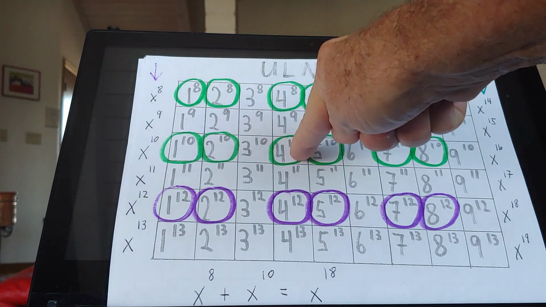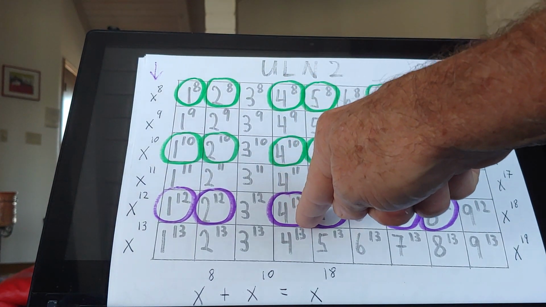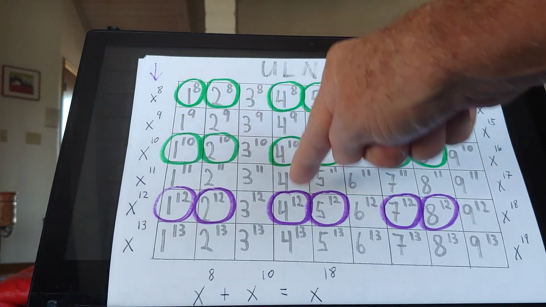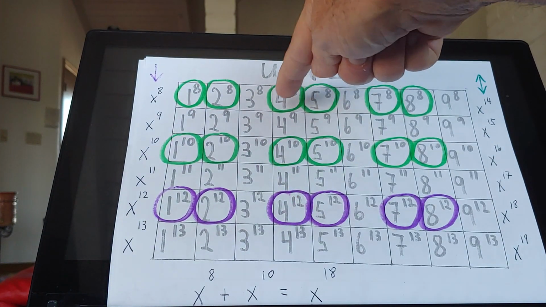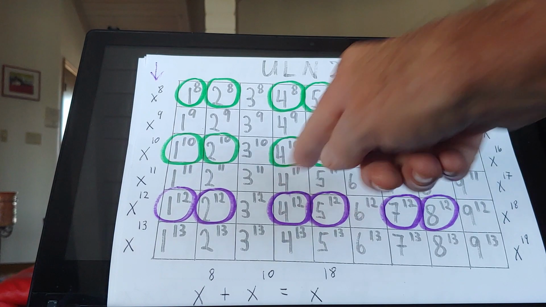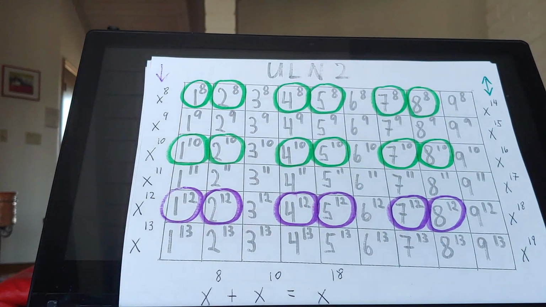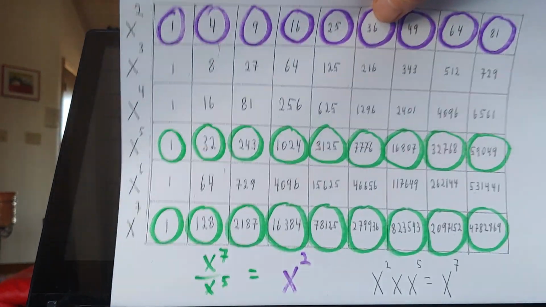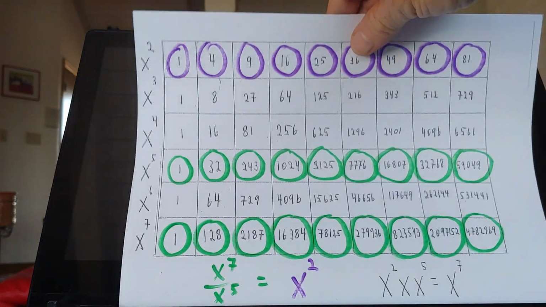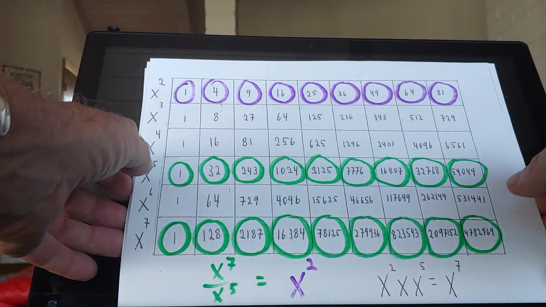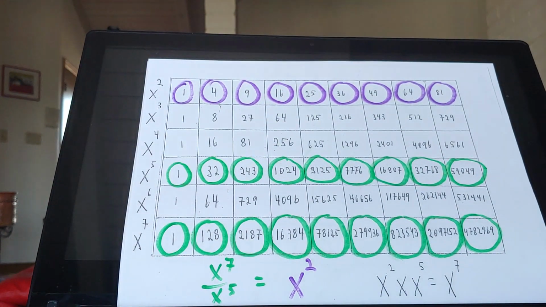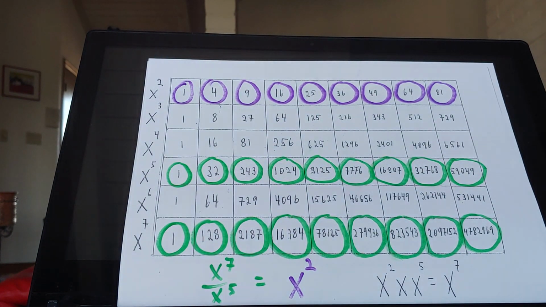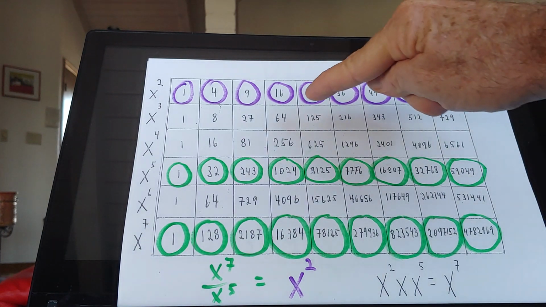So 4 to the 8th times 4 to the 10th is not 4 to the 12th, it's 4 to the 18th. 12, 13, 14, 15, 16, 17, 18. Okay, that's how we compute that. That's how the universal law of numbers, supercomputer of all supercomputers, calculates the numbers.